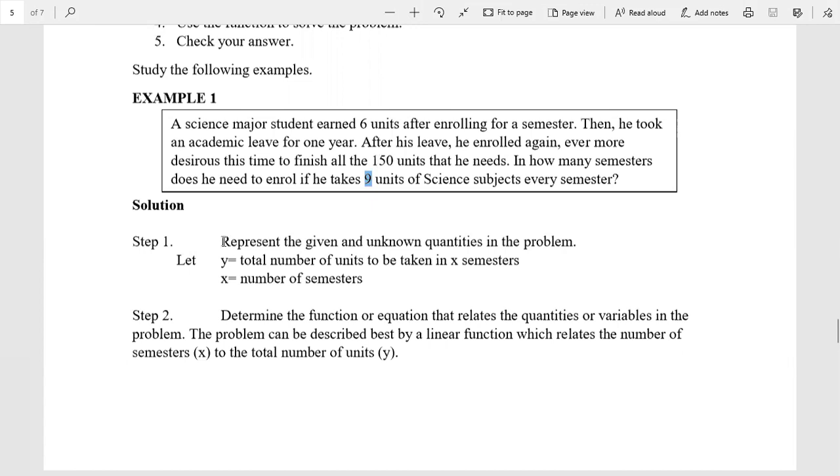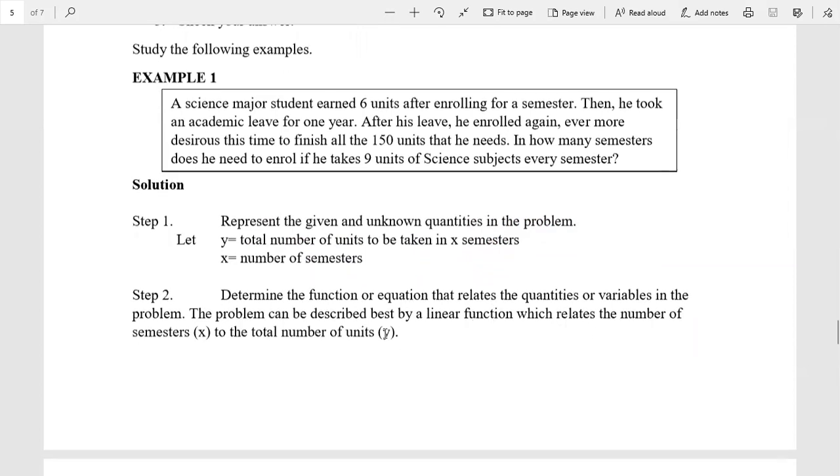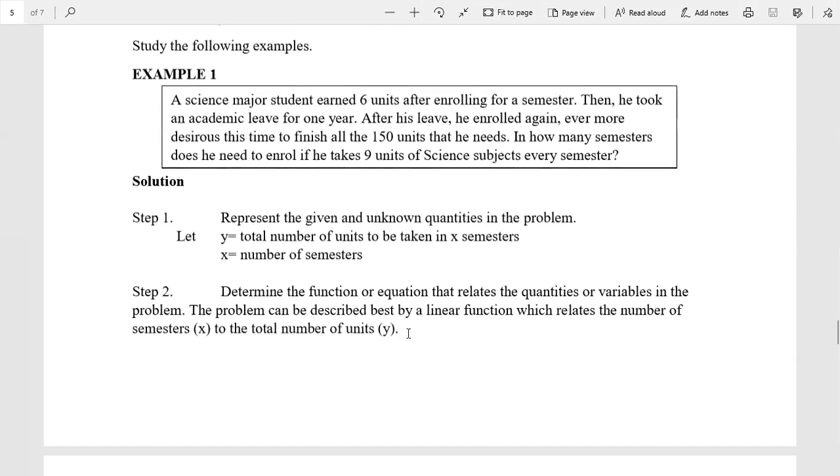Okay, solution. First, represent the given and the unknown quantities of the problem. Let y be the total number of units to be taken in x semesters, where x is the number of semesters. For step 2, determine the function or the equation that relates the quantities or variables in the problem. The problem can be described best by a linear function which relates the number of semesters, x, to the total number of units, y.